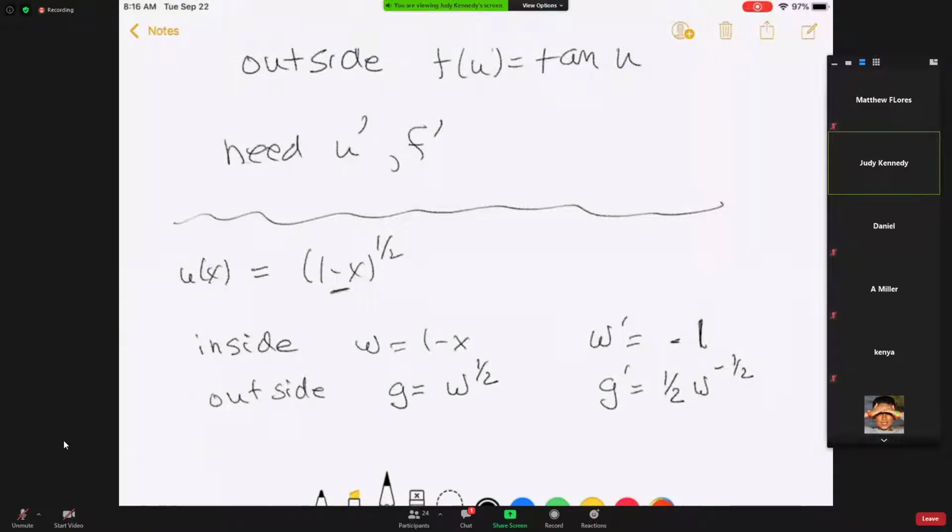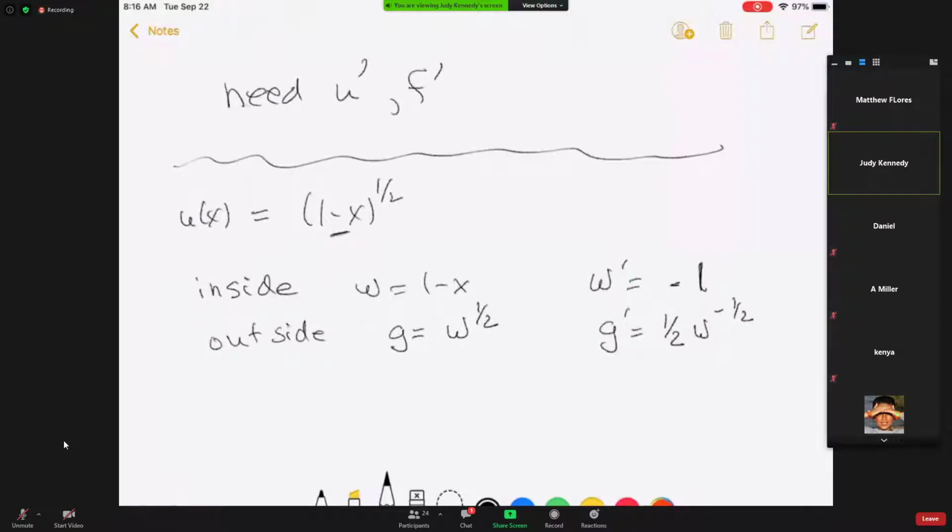Okay, so u prime then is g prime of w times w prime, which is 1/2 w to the minus 1/2 times minus 1.